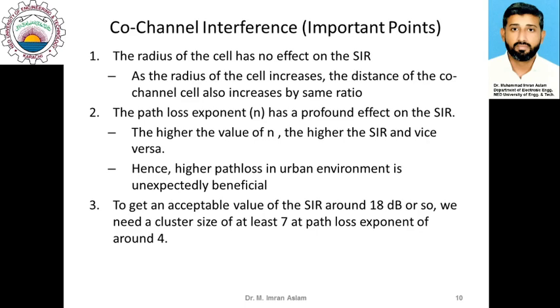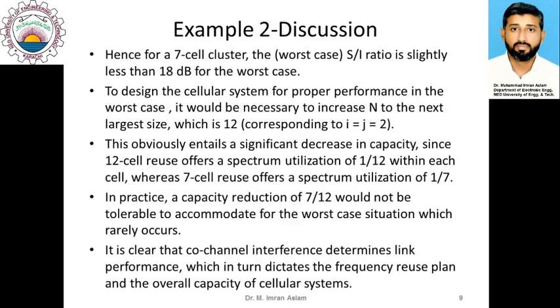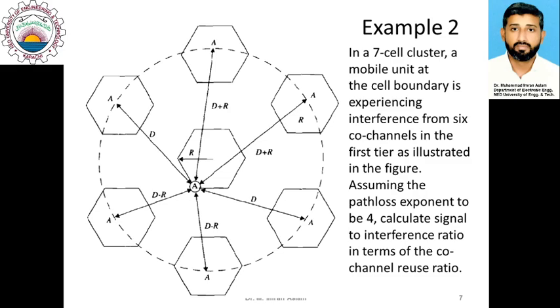Secondly, the path loss exponent has significant effect. If we have higher value of path loss exponent n, it will significantly affect the signal to interference ratio.